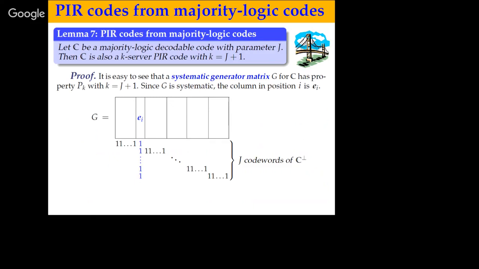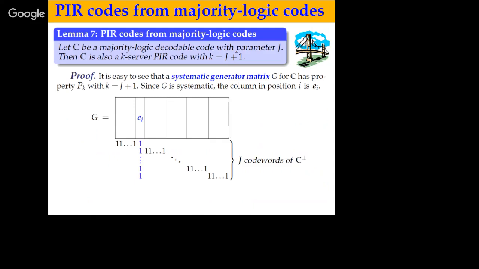Okay? Now I also have, because it's a majority logic decodable code, these parity checks. So let's look at this check. What does it say? It says that for every code word, if I add these positions, I'll get a 0. That means every row in this matrix is a code word, so if I add these positions, I get a 0.